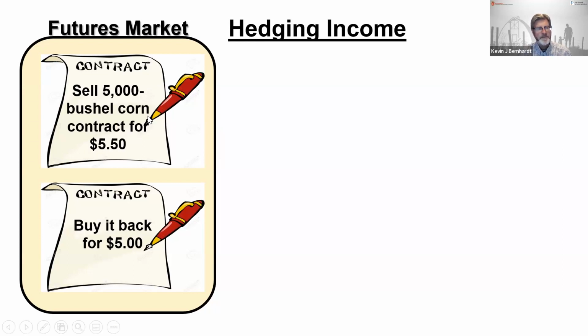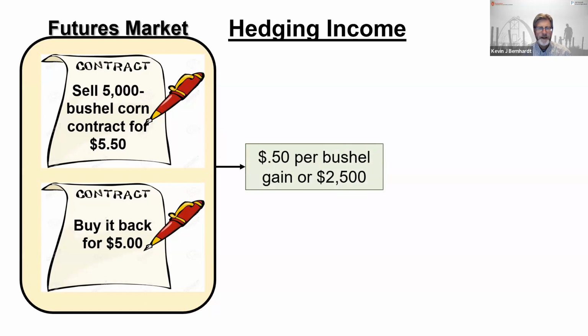So in our example, we're selling one 5,000 bushel corn contract for $5.50. We don't know this to start with, but as the months pass, we buy it back for $5. Well, that's a 50 cent per bushel gain. We actually got 50 cents out of the market on all 5,000 of those bushels, or in other words, $2,500.